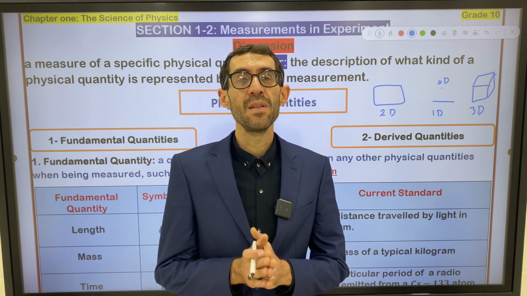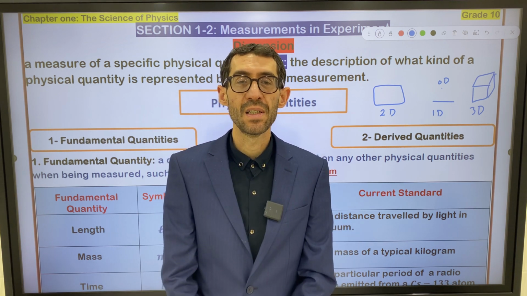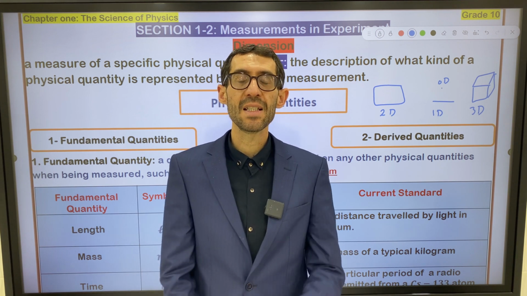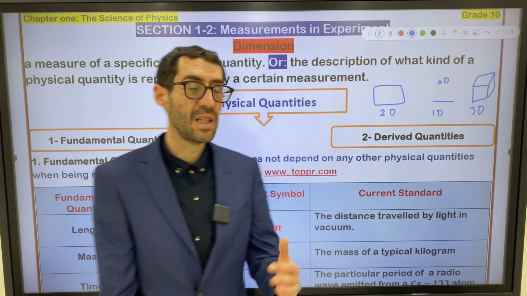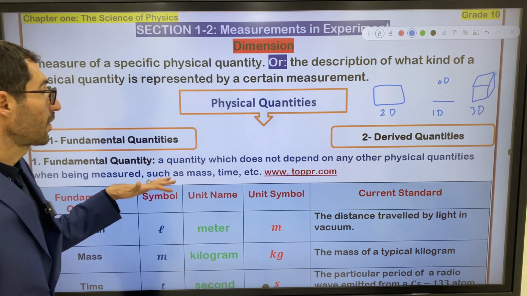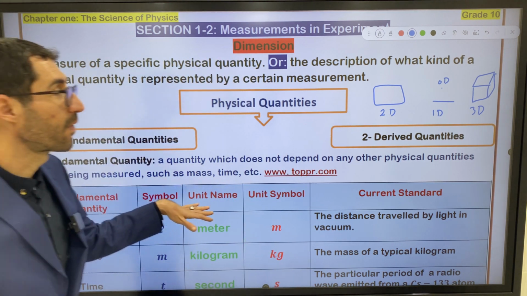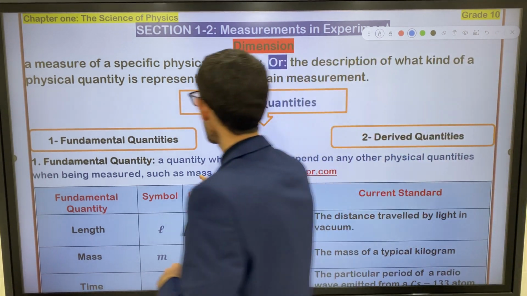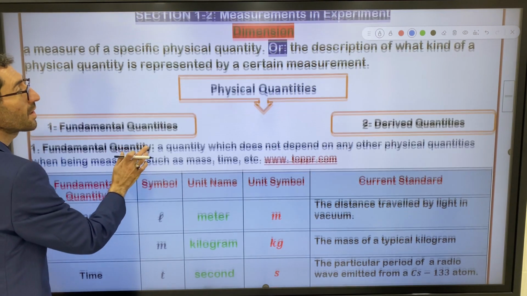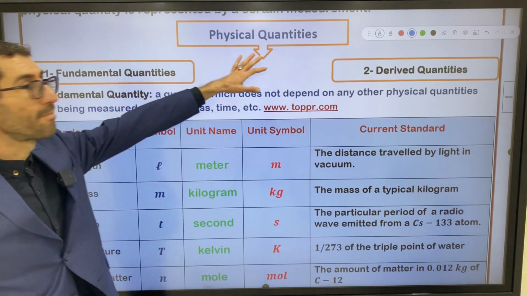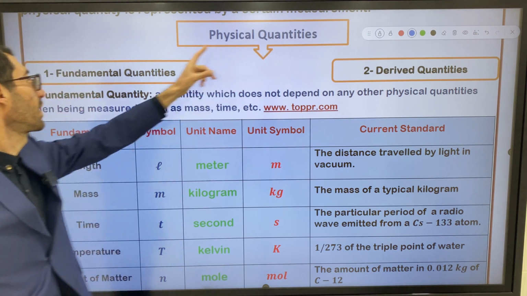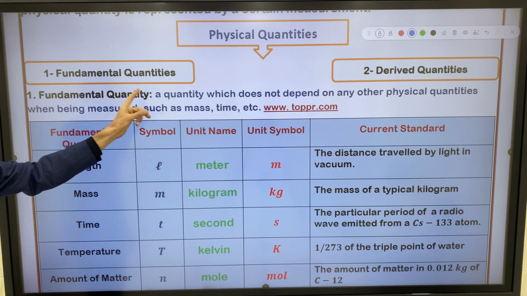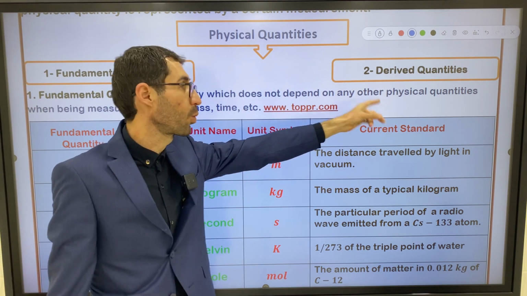We have 7 fundamental quantities now in our textbook. Let's read them one by one. We have a table for these dimensions, right? So for fundamental physical quantities, we have a diagram here: physical quantities are of 2 types, fundamental quantities and derived quantities.